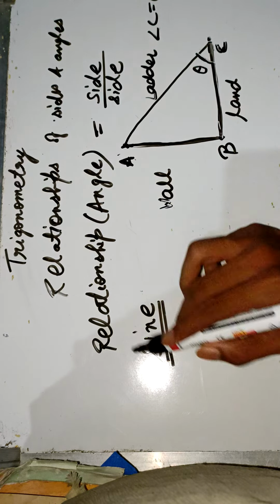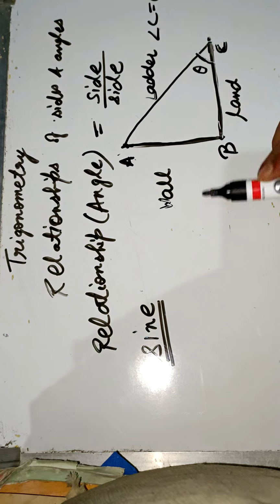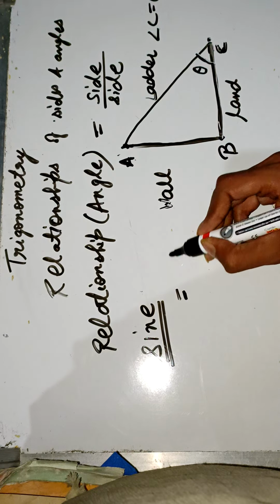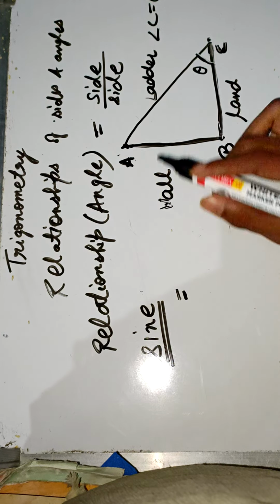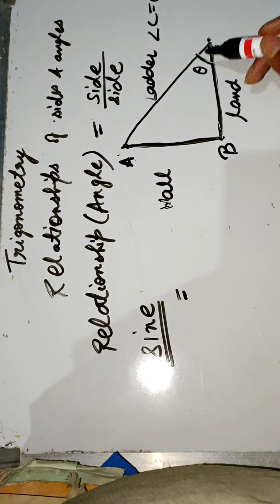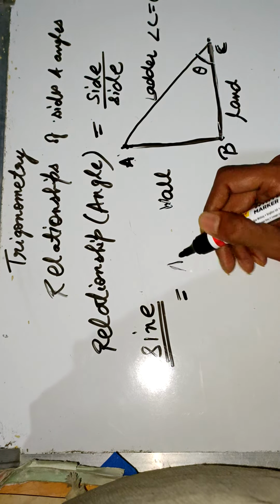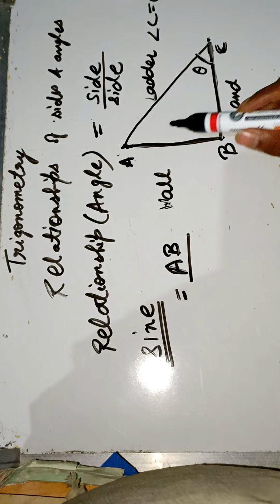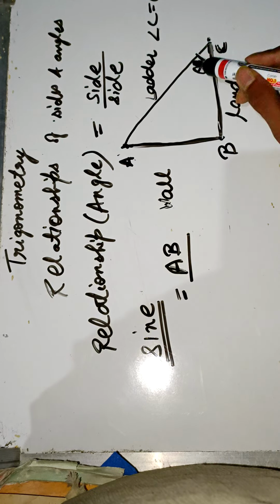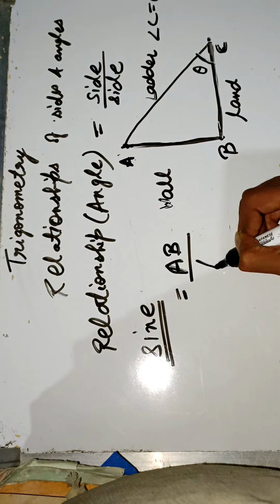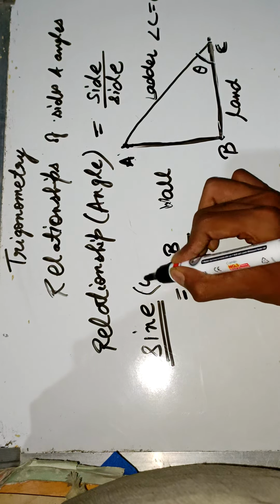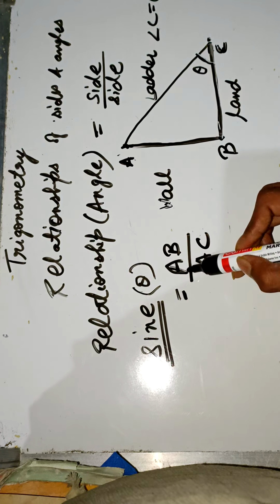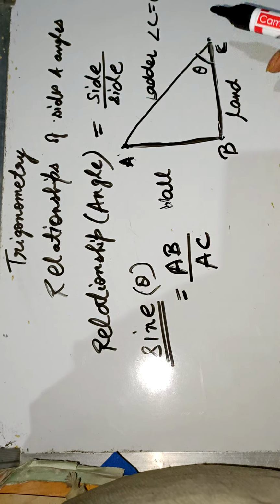Basically, when we are talking about sine, we say that it is the ratio of the side which is opposite to the angle theta.